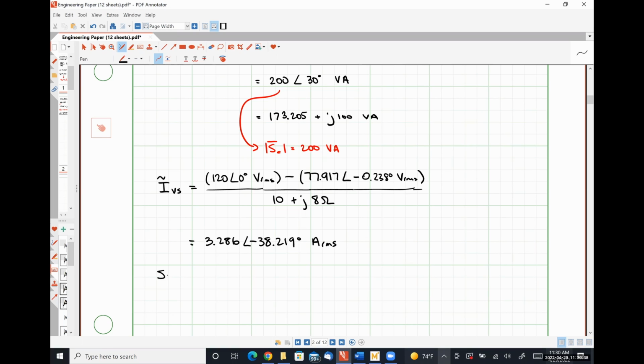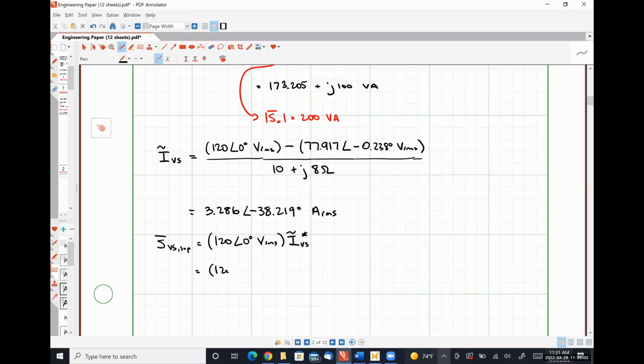So that is going to be SVS supplied, which is going to be the voltage drop across our voltage source, 120 angle 0 degrees volts RMS, times the complex conjugate of IVS.